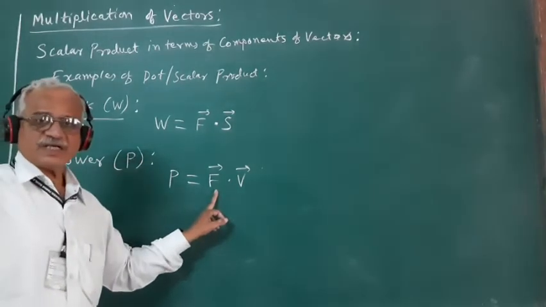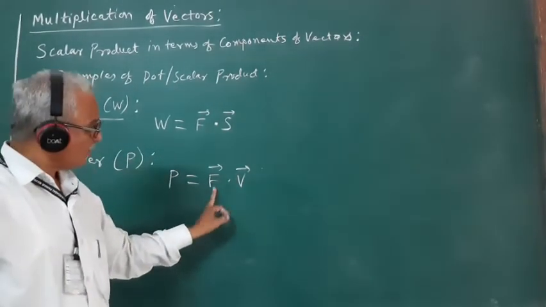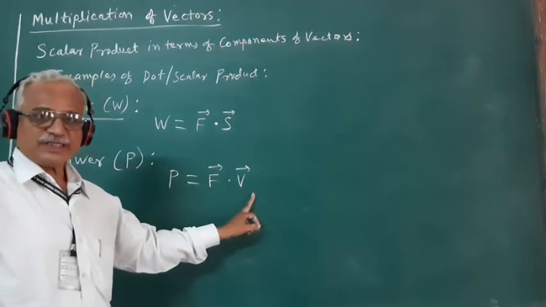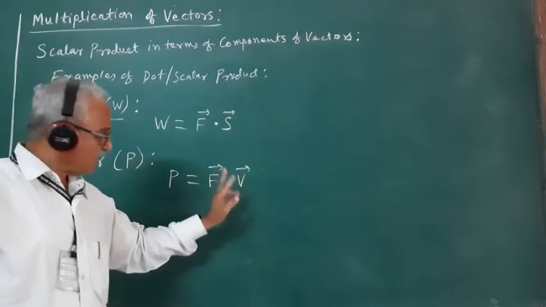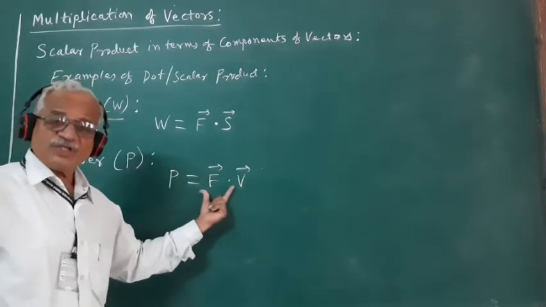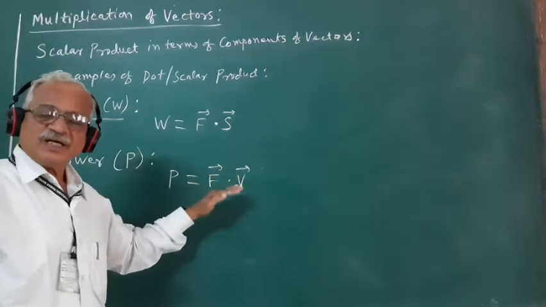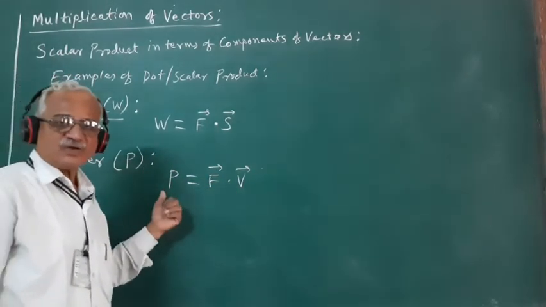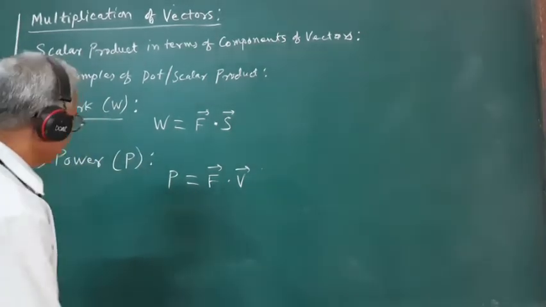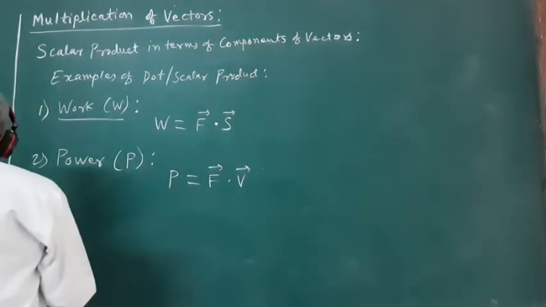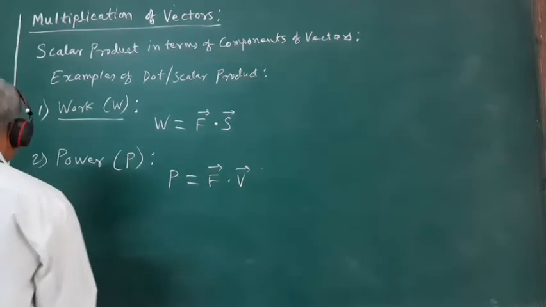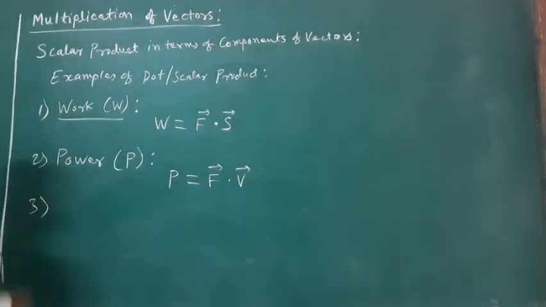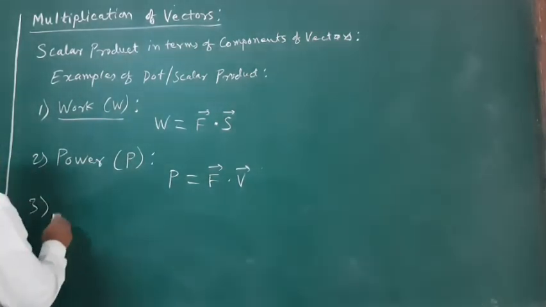Here force is a vector quantity, velocity is again a vector quantity, but if we take the dot product of these two vectors, it results in a scalar quantity, and that is called the power, mechanical power. The third example is the magnetic flux.